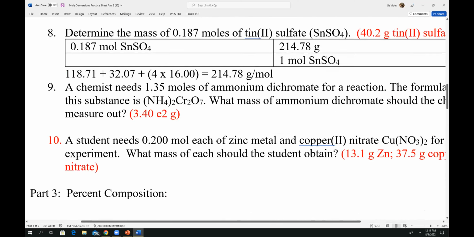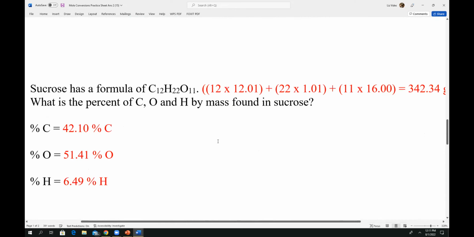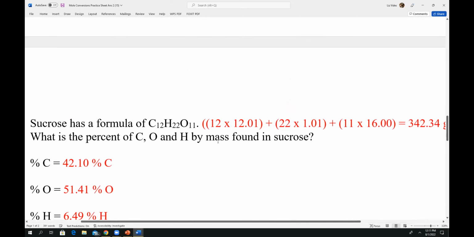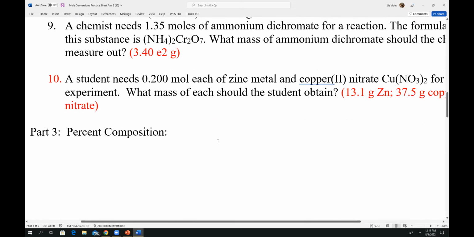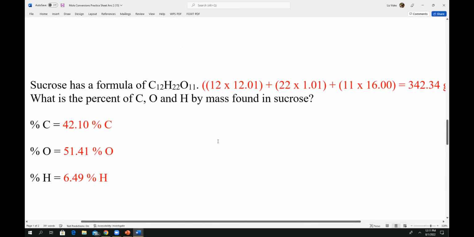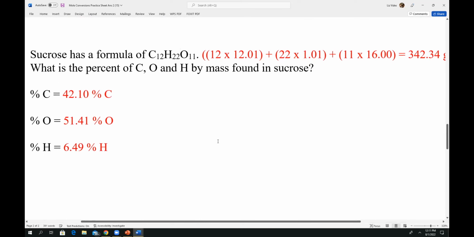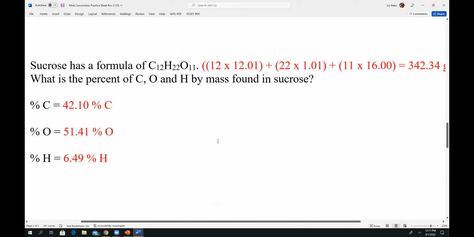Okay. So now percent composition is a little different. Now this one I gave you the math, and I gave you everything right here. So sucrose has this formula. Okay, and so the formula you write down. See, I did that. Okay, and it gave me that, right?